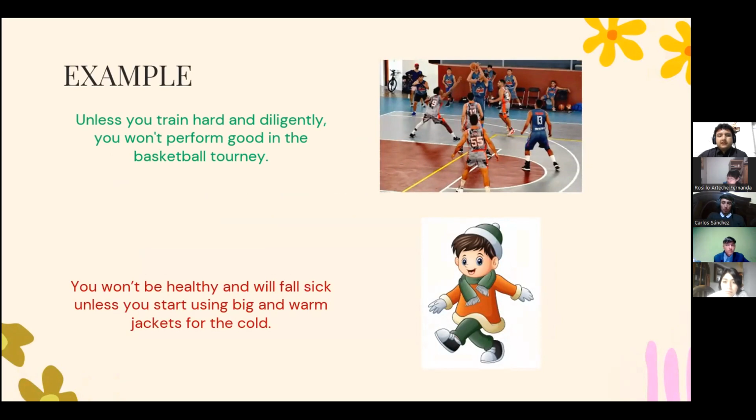The examples are: unless you train hard and diligently, you won't perform well in the basketball tournament, and you won't be healthy and will fall sick unless you start using big warm jackets for the cold.